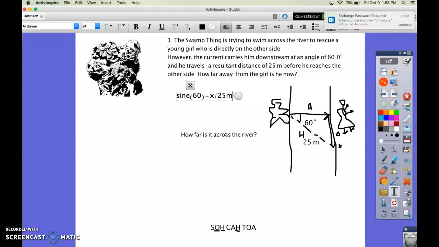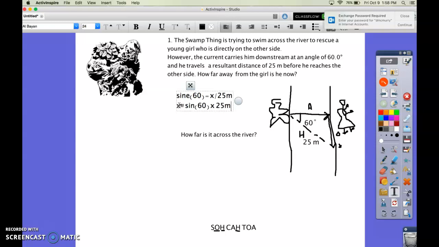All right. Now to solve that one, we're going to multiply both sides by 25 meters to get rid of the denominator. So multiply this side by 25 and that one by 25, and we end up with, I'm going to reverse it, but x is equal to sin 60 times 25 meters.